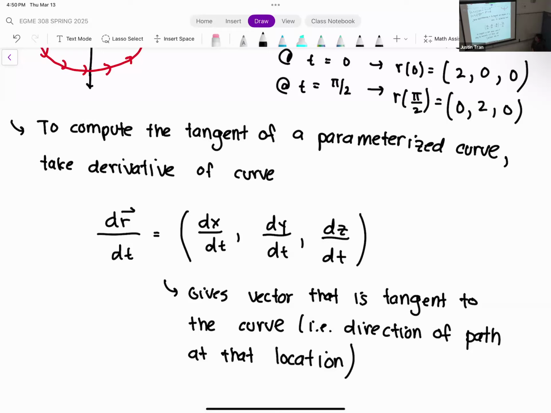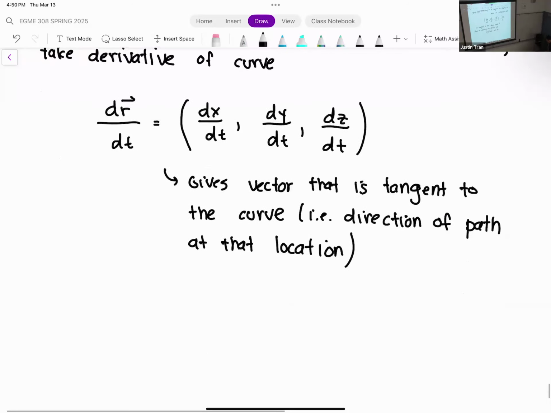Okay, so now that we've talked about parameterized curves as well as this tangent, we're now ready to kind of introduce a line integral. Okay. So a line integral, it's technically a one-dimensional integral. So you're not taking multiple integrals, but a line integral is a one-dimensional integral in multi-dimensional space, which is kind of a weird concept to wrap your head around.